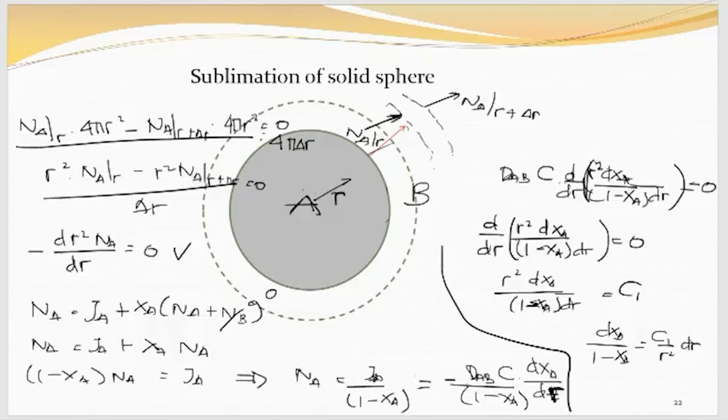Okay, what's the result? What is the result for this equation if we do integration? Ln of 1 minus xa. Don't forget to put minus in front. Equals minus c1 over r plus c2.